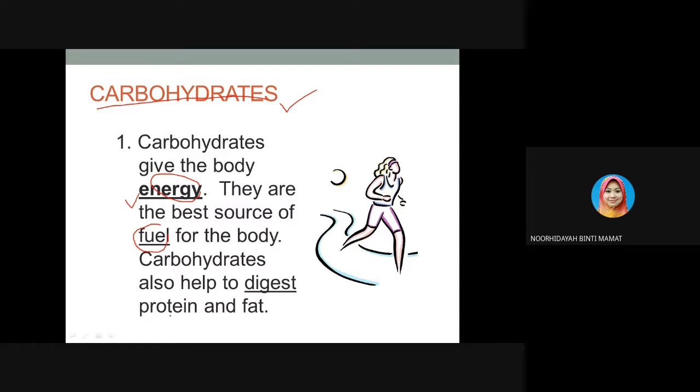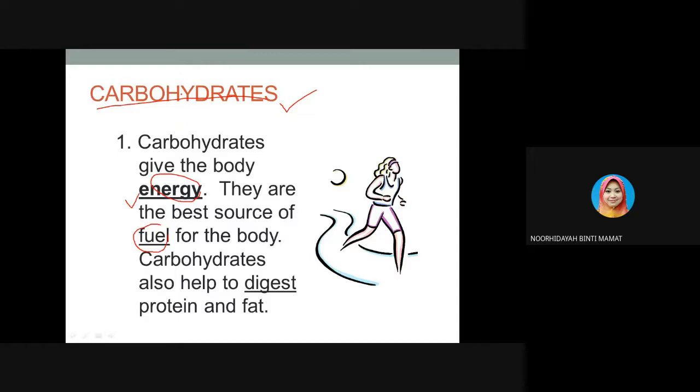So we have different types of organic molecules. If you still remember our last topic, I was talking about the types of organic molecules. We have carbohydrates, we have lipids, we have nucleic acids, and also we have protein. Yes, correct, good.